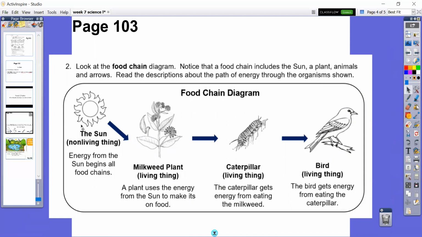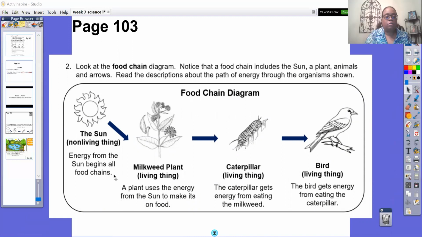It starts with the sun. The sun is a non-living thing. Energy from the sun begins all food chains. Okay, guys, remember that. It begins all food chains. So the sun gives the energy to the plant.